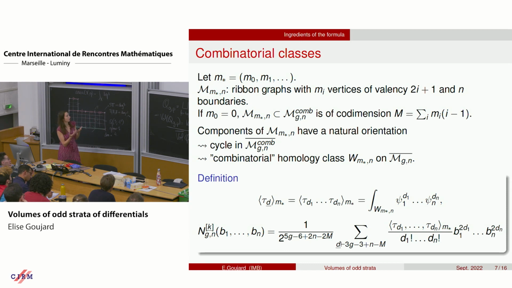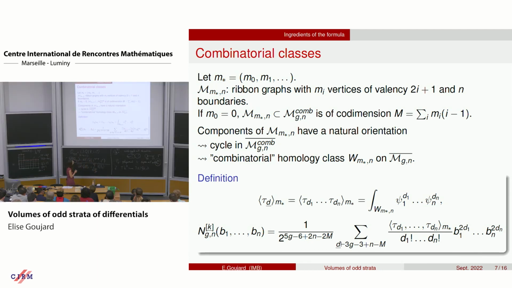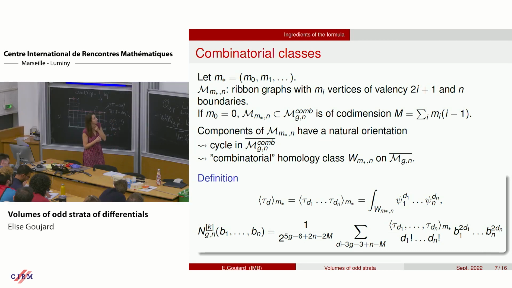The work of Kontsevich gives you a natural orientation on the components of this complex, so you can construct a cycle in the combinatorial moduli space, and using this Strebel map, you get a homology class that I will denote by W_{m*,n} on M_{g,n} bar. Here I hide the technicalities.